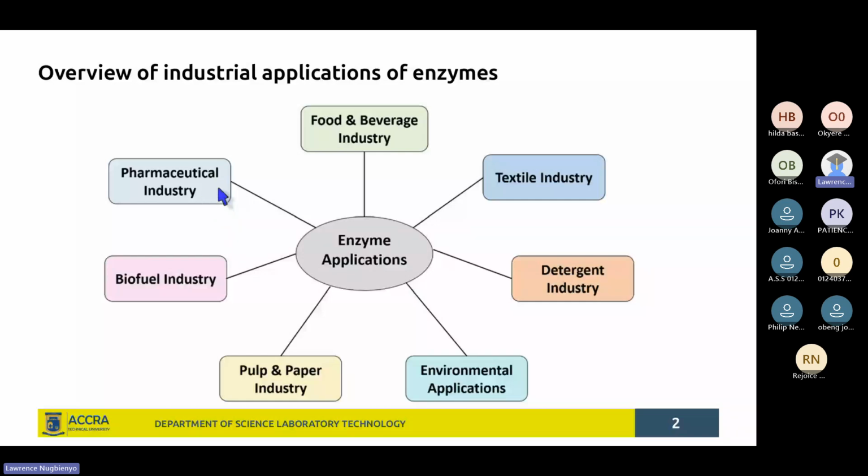Today we can't cover everything, like look at the examples of applications of enzymes and everything in a period of 2 hours. But what we'll do is we'll take some very interesting examples of the applications of these enzymes in various industries and look at them over this period.